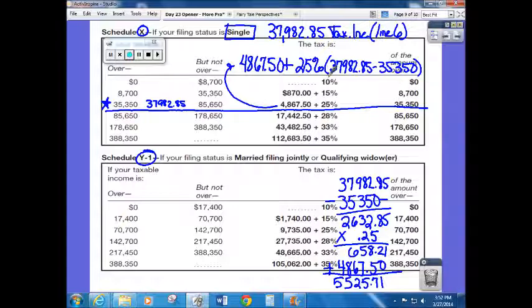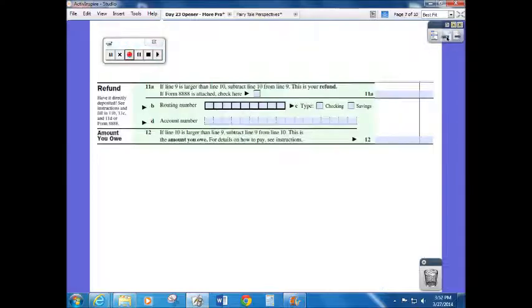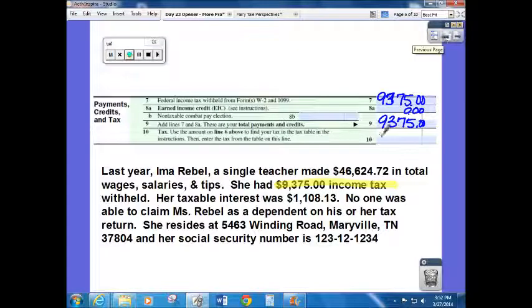We do our parentheses first, we do our multiplication next, and then we do our addition last. If we do that, it solves for $5,525.71. So let's enter that on line 10 of our tax return. $5,525.71.